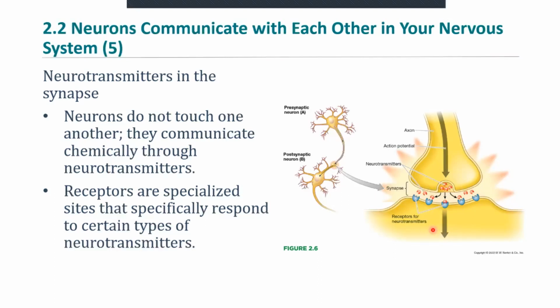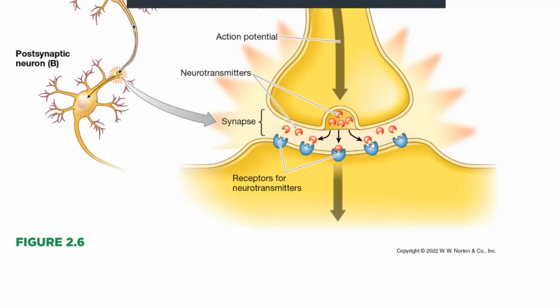Typically, each site of receptors responds only to one specific neurotransmitter. And it's a lock and key system. You can kind of see it here. So it specifically fits. If these are dopamine molecules, they have a certain shape. A serotonin molecule would have a different shape, and it wouldn't be able to fit in here.